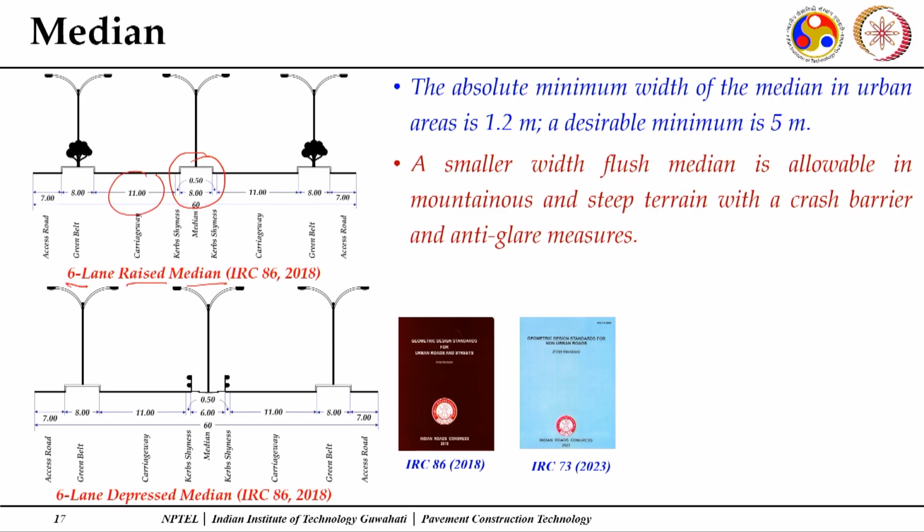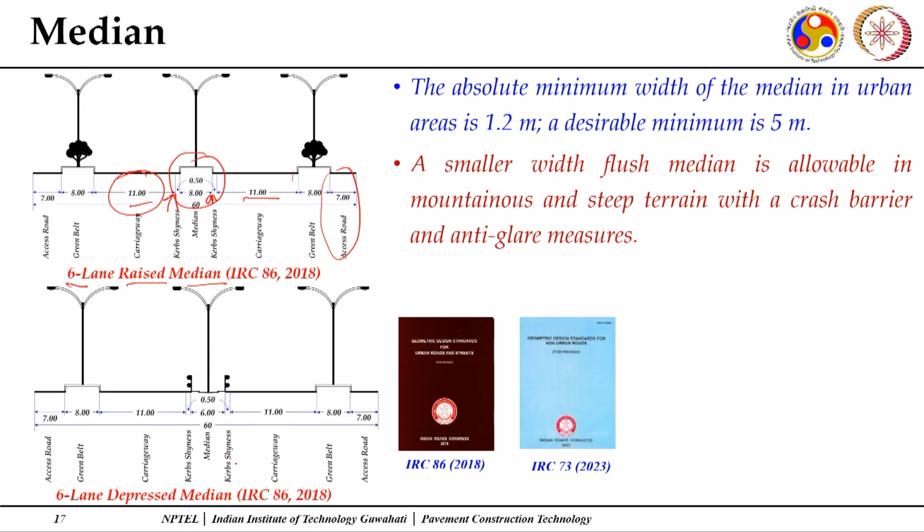So, you can see on this particular side there are 6 lanes, 3.75 into 3, approximately 11 meters constructed on this side, and as mentioned, small curb shines of 0.5 meter width are always there to protect against any brushing along the median curbs. Then there is again a green belt, then you can have these service roads also. This is a typical feature of a raised median.